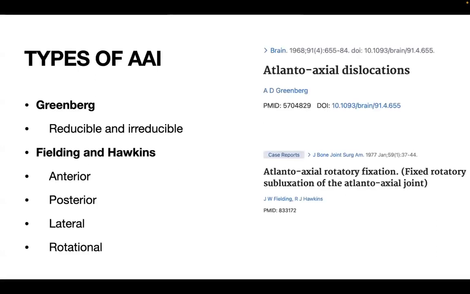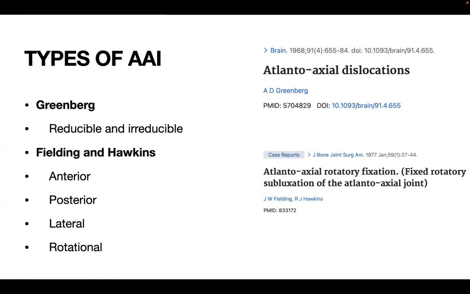Coming to the types of atlantoaxial instability, Greenberg in his study classified atlantoaxial instability into two types, reducible and irreducible. He also devised the treatment aspect, where irreducible atlantoaxial instability would require immediate decompression and active stabilization.